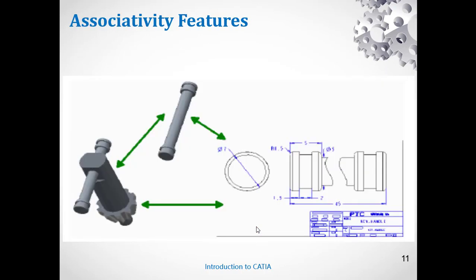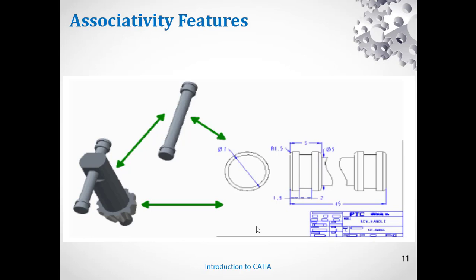Next is associativity. Associativity is basically the dependency. There are many modules we have in each CAD tool. We have part design module, assembly design module, drafting module, and manufacturing module. When I create a part, the same part I will be using for the assembly, and for generating the drafting.